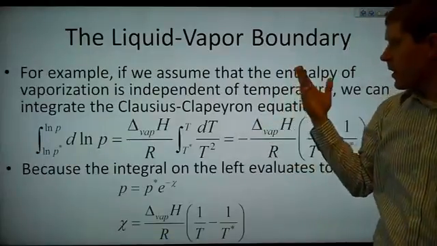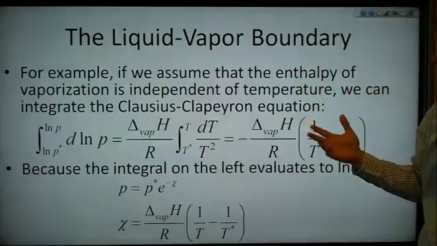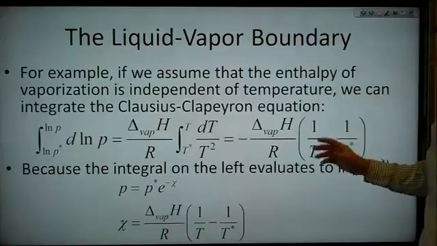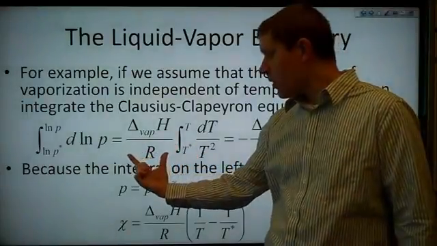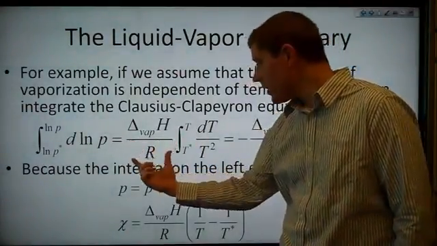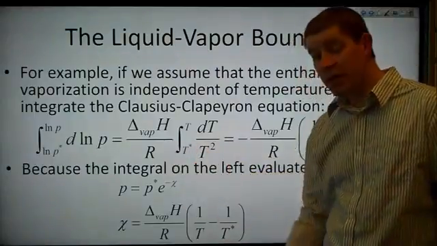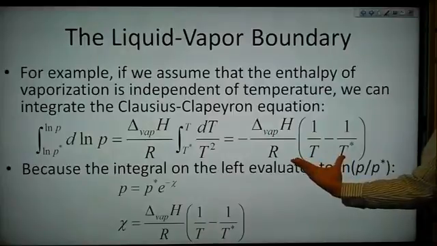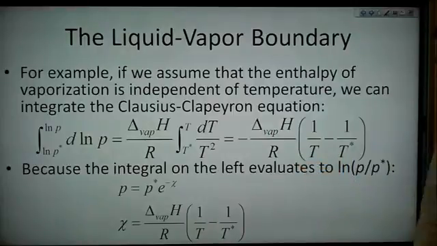If we assume that the enthalpy of vaporization is independent of the temperature, then we can integrate the Clausius-Clapeyron equation, and we can pull the enthalpy of vaporization and R out of the integral, because those are then constants. Then we get this value.